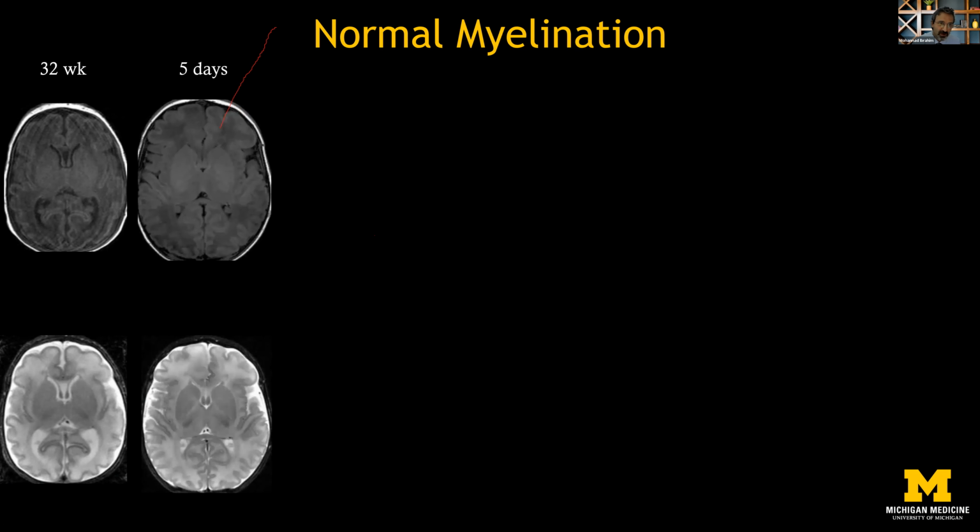It rapidly evolves over the next weeks, and by birth we will see evidence of some myelination within the internal capsules, specifically in the posterior limbs. This can be seen here on the T2 weighted images. You can see there's a wisp of dark signal on T2 weighted images, and on the corresponding T1 weighted images, we see very subtle T1 signal changes.